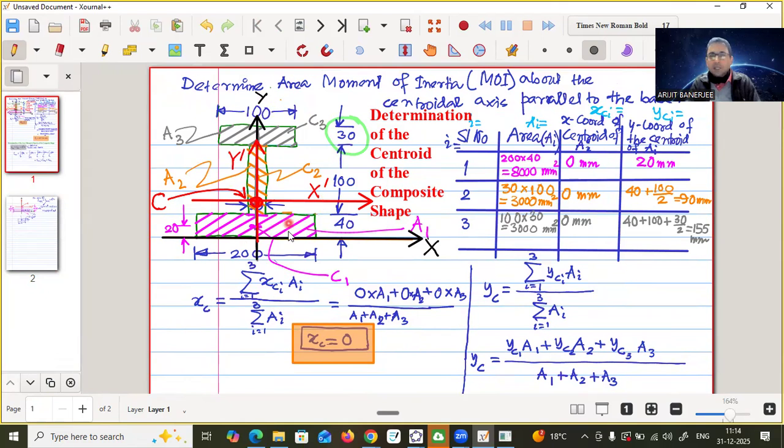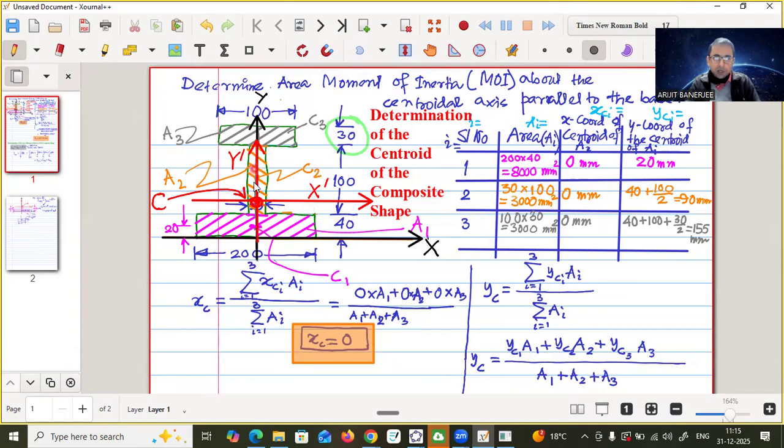For individual shapes, we determine the moment of inertia about their own centroid, and then we transfer it to the red axis. Clear?